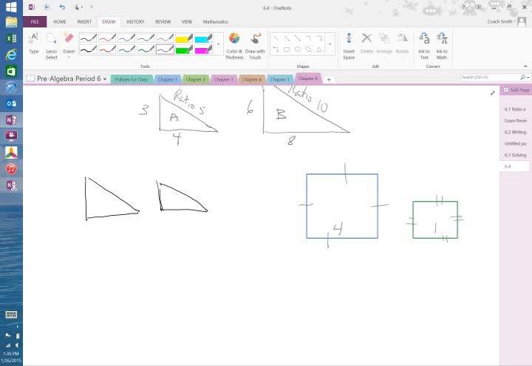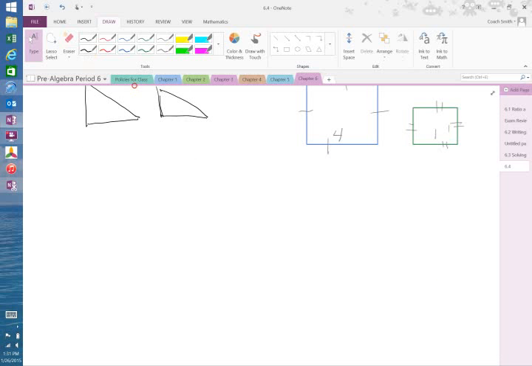Okay? Now, let's look at an example. Let's say I had these two triangles. This is triangle A, B, C, and it's 4, 5, and 3 centimeters.